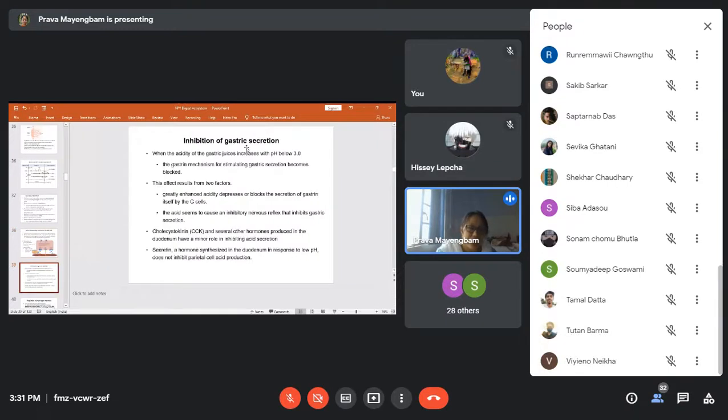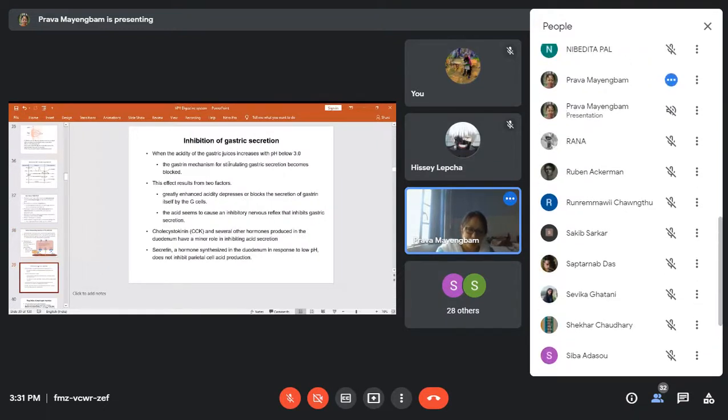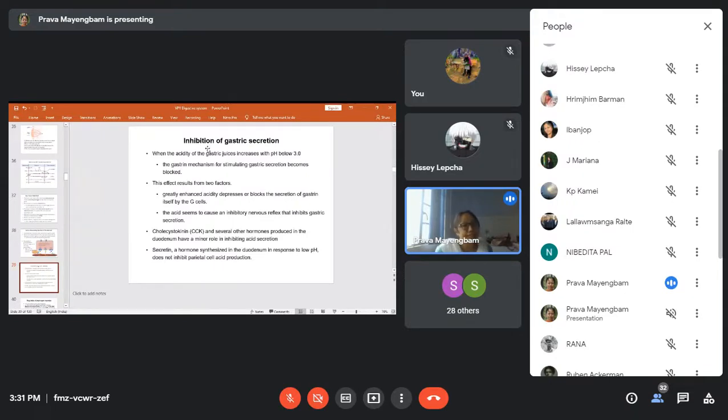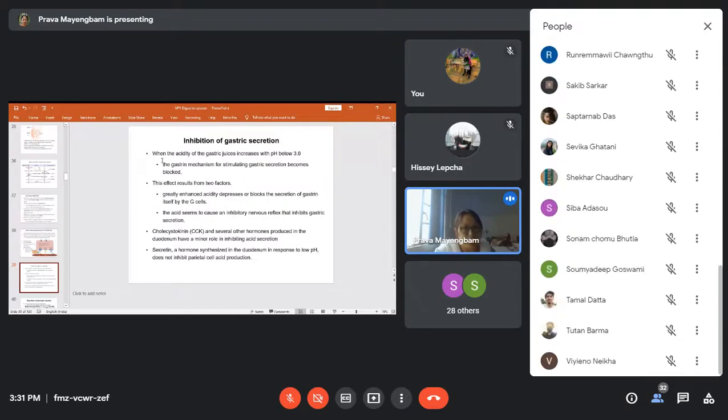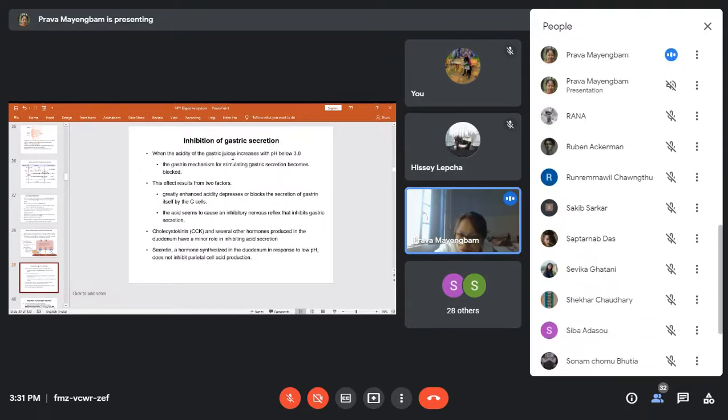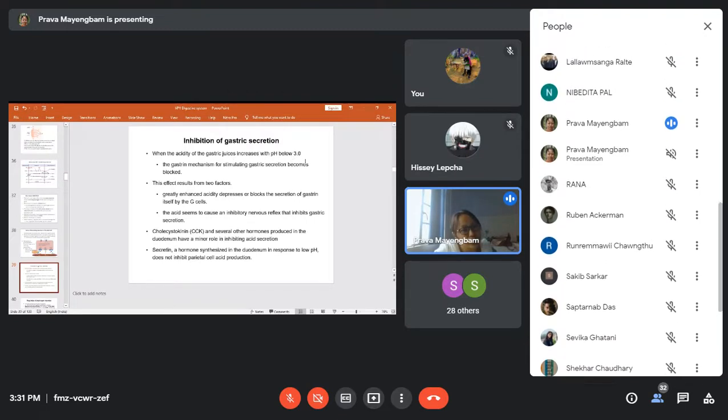Then another point: who will inhibit? Who are the inhibitors for gastric secretion? One very important point is when the acidity of the gastric juices increases, with pH below 3.